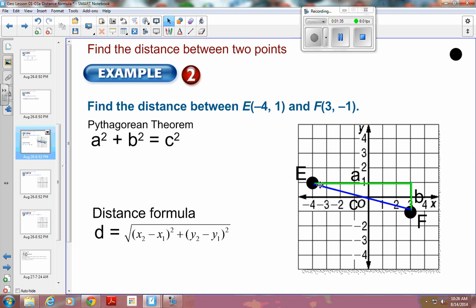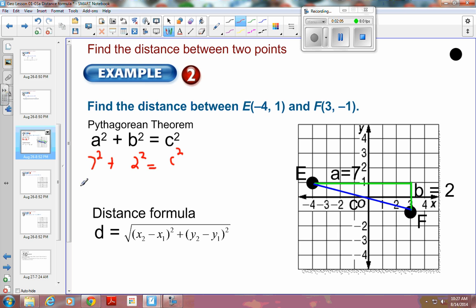Okay, so A, if I count over, that's going to be 1, 2, 3, 4, 5, 6, 7. So A is equal to 7. And B is 1, 2, so B equals 2. And so I'm going to fill this in. So I have A is 7 squared plus B is 2 squared, and that's going to be equal to my C squared.